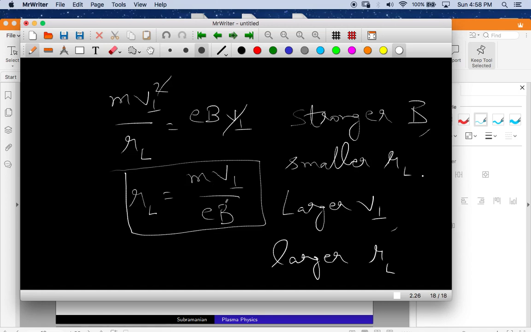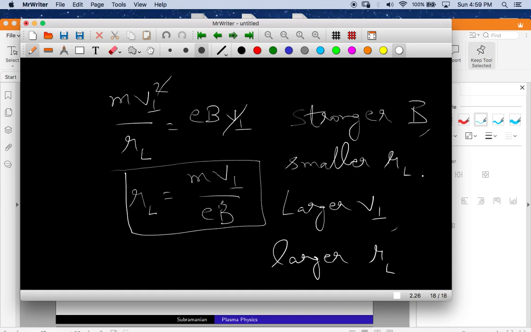Now if the particle is very energetic, in other words, it's got a lot of v perpendicular, it says, I don't care about the B as much as a lower energy particle would. I refuse to be caught in the magnetic field. I refuse to let the magnetic field control me.